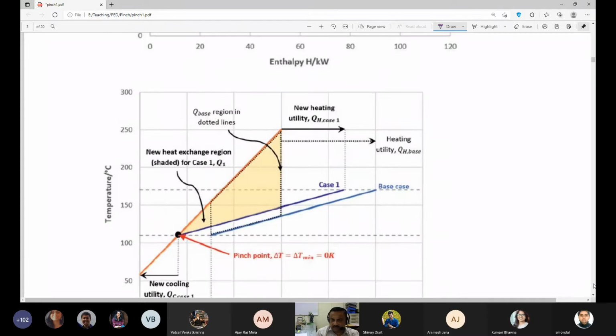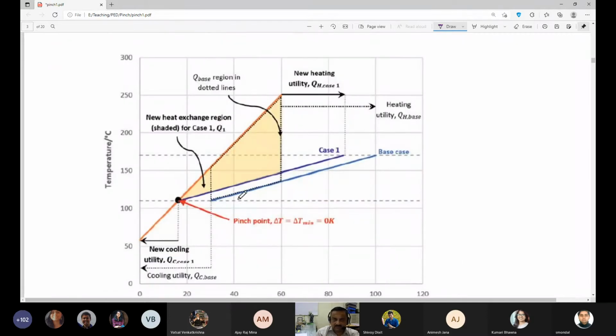Now you have a choice of moving this line. This is the base case that we had worked with, and this was the heat exchange area, and this heating part was accomplished by using the utility.